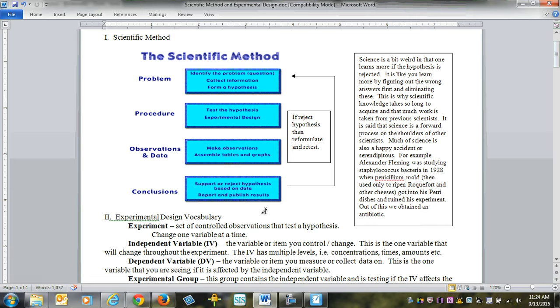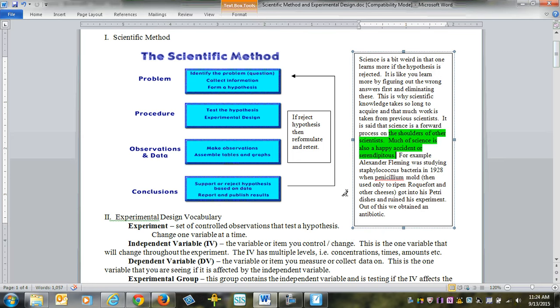Now, most of the time we hear about science doing great things, and this is through what's called a serendipitous or a happy accident. So much of science actually just comes through a serendipitous or a happy accident. Okay, so for example, you probably talked about Alexander Fleming last year, working with Staphylococcus bacteria, and he accidentally left his petri dish open, and he noticed that the bacteria was dying, so to speak, and he found out there was another mold on there called penicillin, and that's where we got our antibiotics.